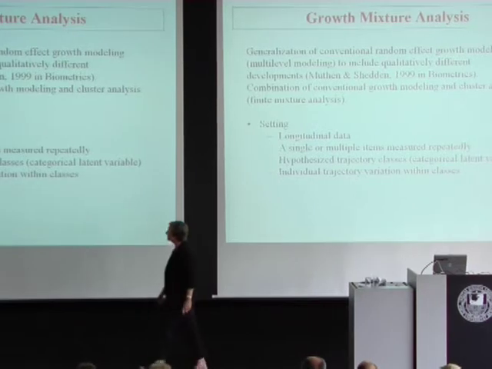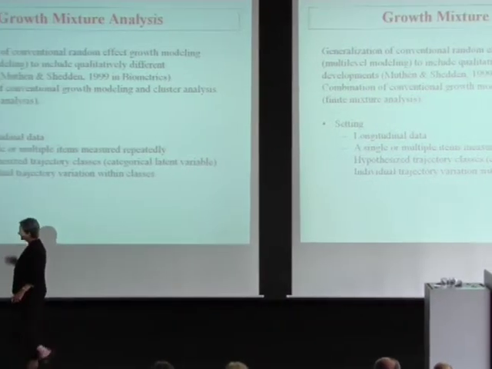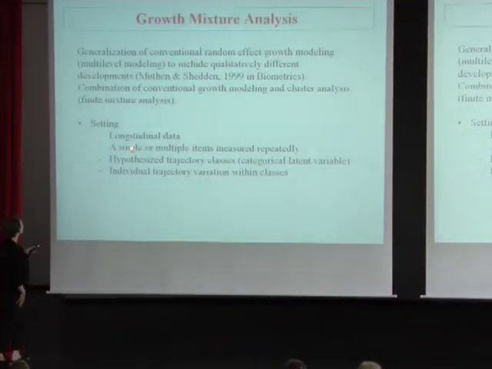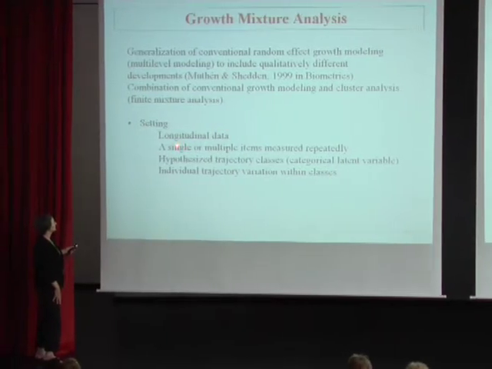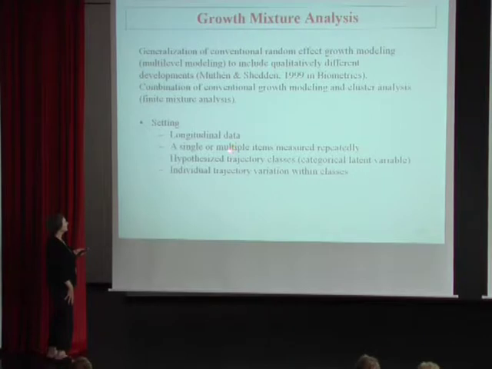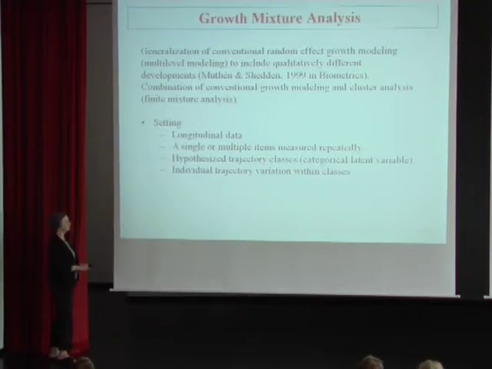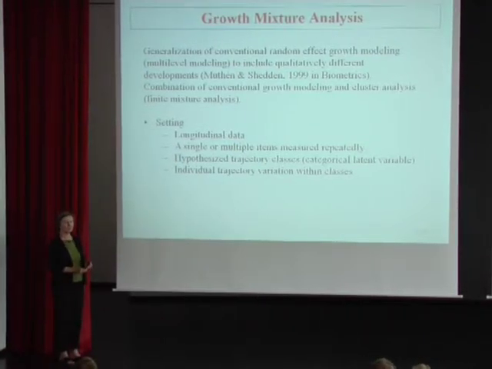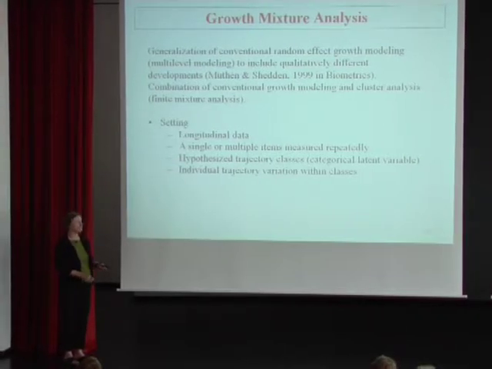So when we looked at LCGA, we said that it was for longitudinal data, and we could have single or multiple items measured repeatedly, and that we had hypothesized trajectory classes that are represented by categorical latent variables.